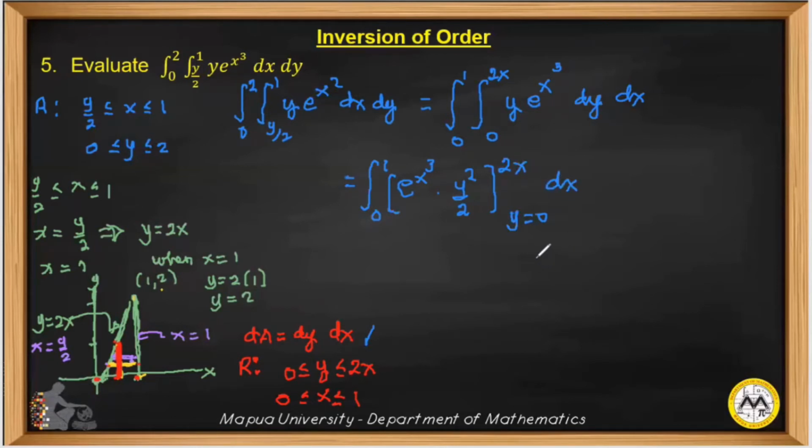Okay, so if we evaluate the integral, we have the integral from 0 to 1. We can write 1/2 before the integral sign.